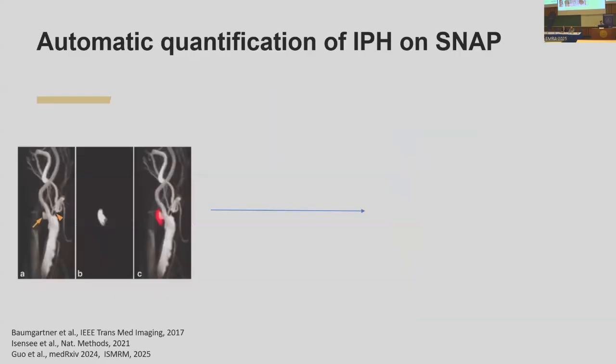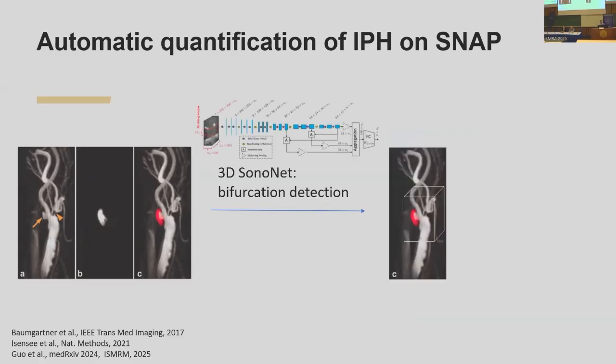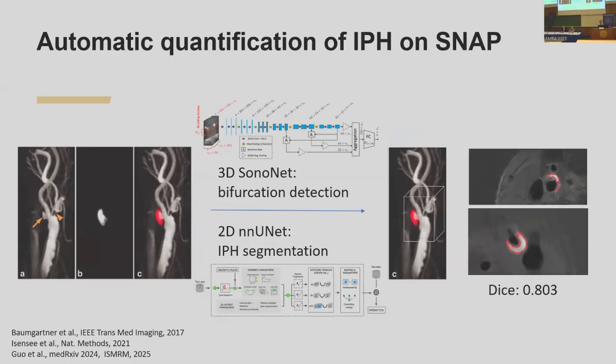And this is then further extended into an automatic AI-driven algorithm shown here: suppose you're able to identify the bifurcation, and then you're able to use the same sequence to look at where the lumen is, and also the so-called bright signals of the vessel wall, to generate an automatic IPH map, and therefore its volume.